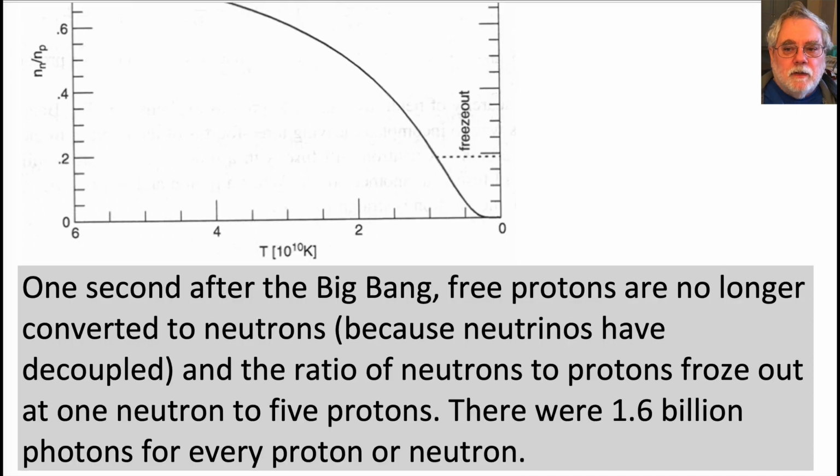1 second after the Big Bang, free protons are no longer converted to neutrons because neutrinos have decoupled, and the ratio of neutrons to protons froze out here at 1 neutron to 5 protons, a ratio of 0.2. There were 1.6 billion photons for every proton or neutron.